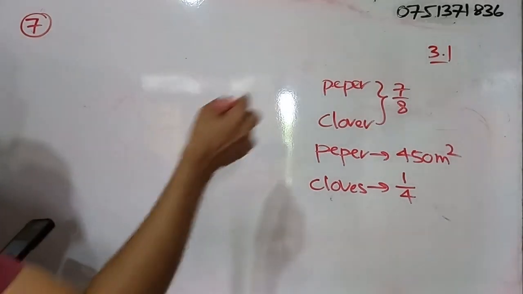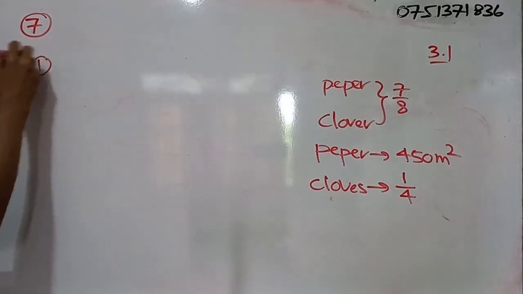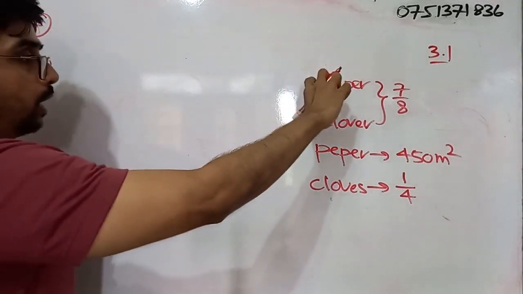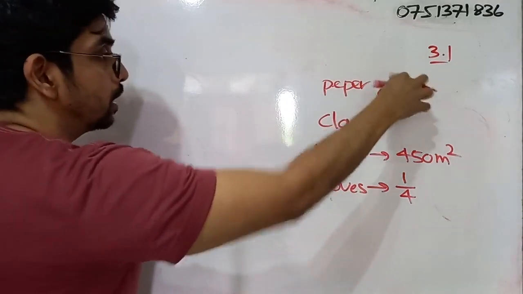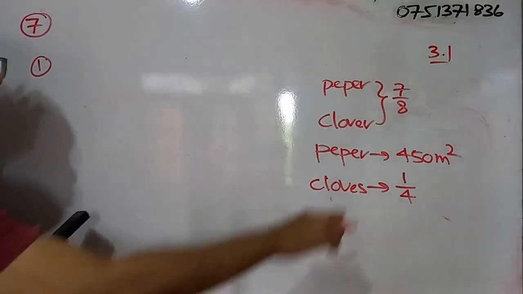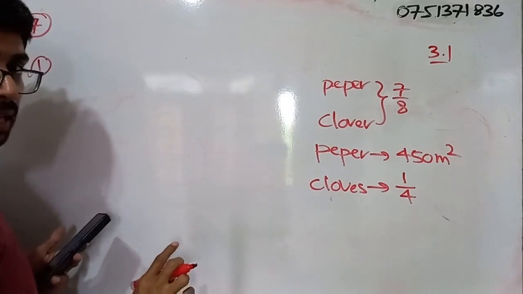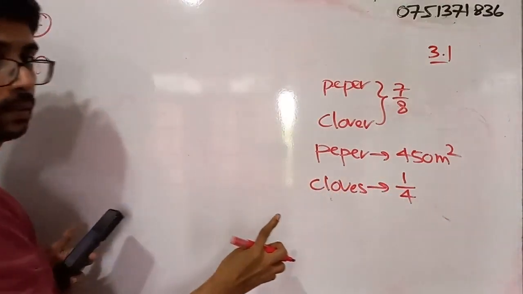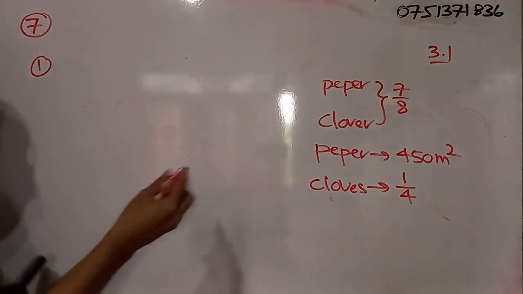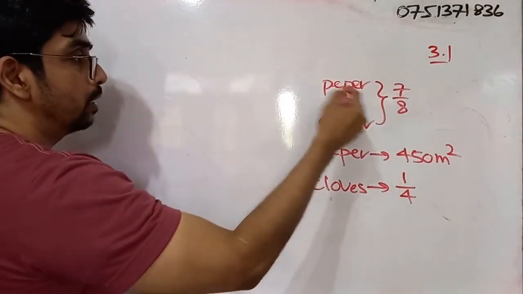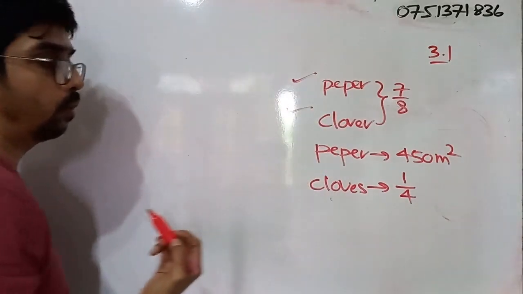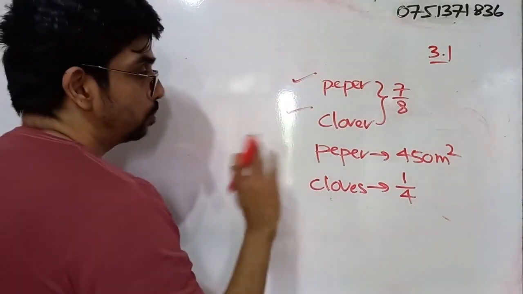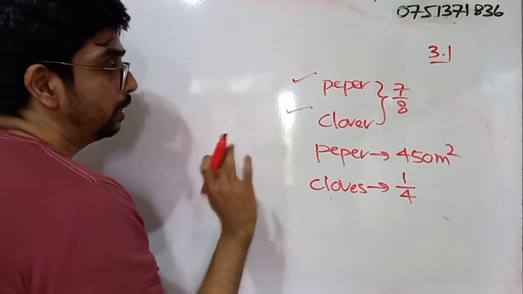Right. So in the question, it says both have been cultivated on this amount of land, which is 7/8. And out of that, 1/4 is what? Cloves. Right?